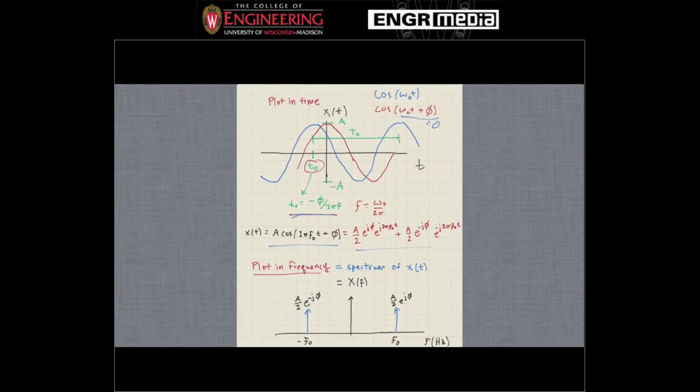We have that drawn exactly below. On the horizontal axis is frequency in hertz, and on the vertical axis is the value of the complex exponential at that frequency.